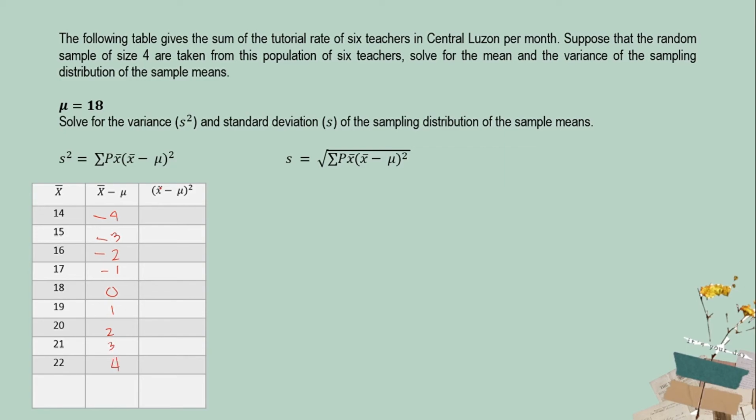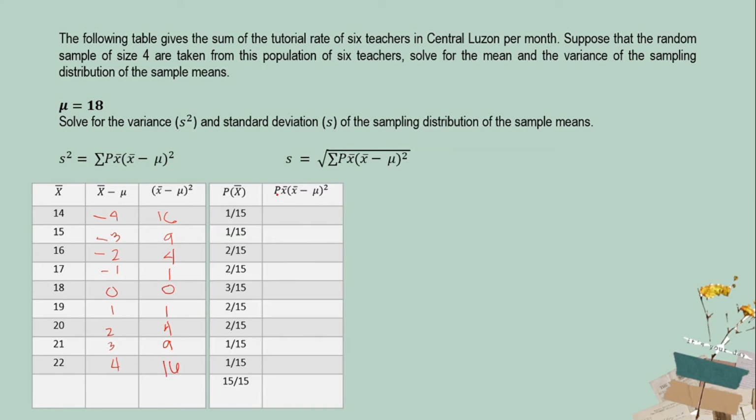Then we're going to get the square. So negative 4 squared is 16, negative 3 squared is 9, negative 2 squared is 4, negative 1 squared is 1, 0 squared is 0, then 1, 4, 9, and 16.